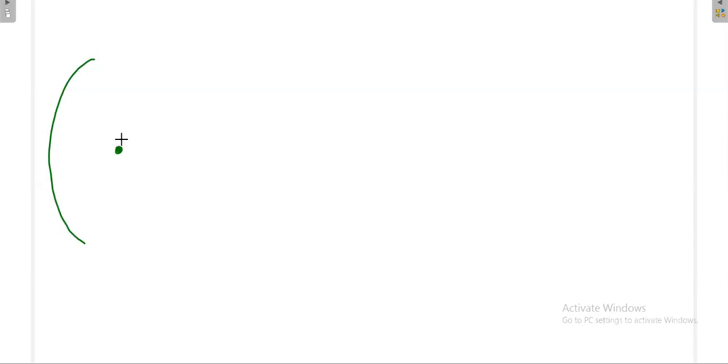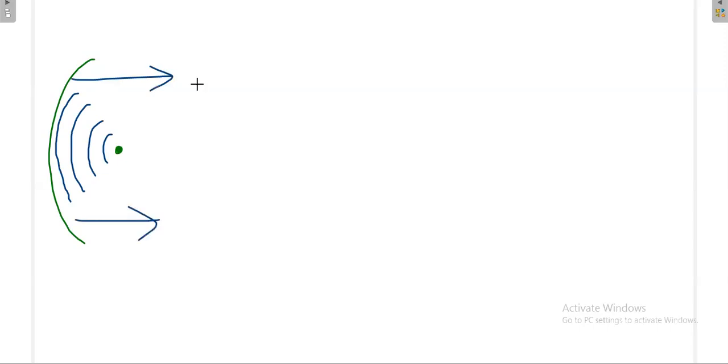The waves created by this point source are called spherical waves. Then in the process of reflection, what is happening after the reflection from this parabolic reflector? Your wave goes like this.